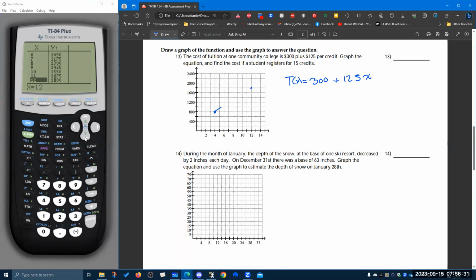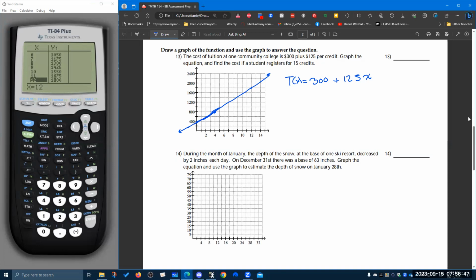And do my best to connect those dots like so. And this should come back down here through 300. And there's my linear equation.